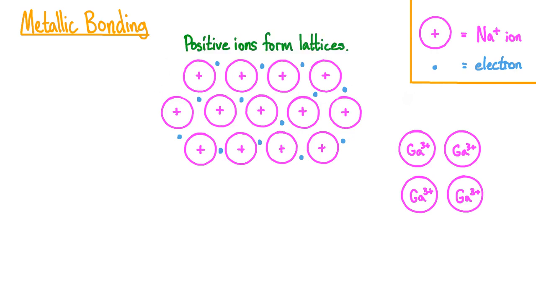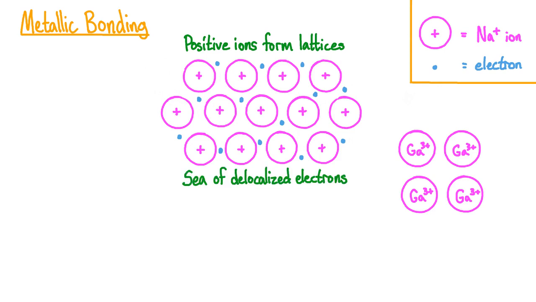The specific arrangement isn't always important, but we should know that the positive metal ions, made up of the positively charged nuclei and their inner electron shells, arrange themselves in predictable, repeated lattices. Within these lattices, the valence electrons, or the electrons in the outermost electron shells, move about freely.